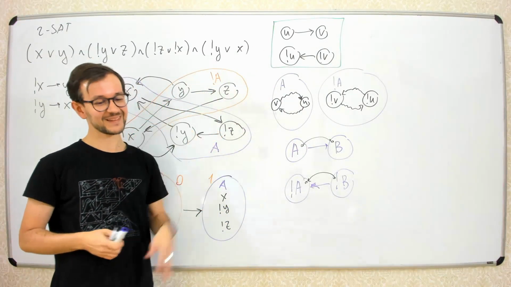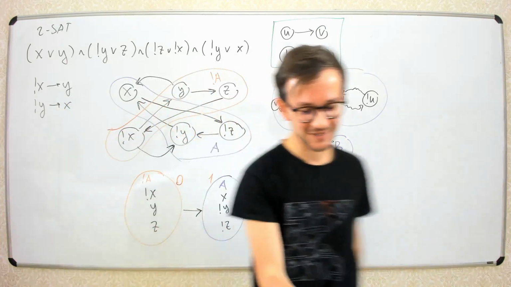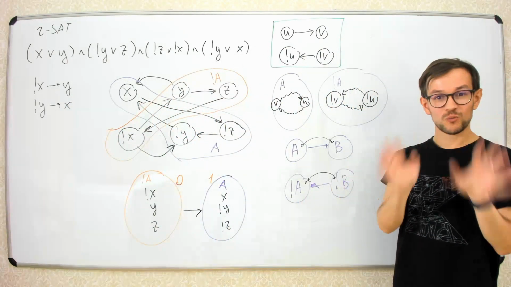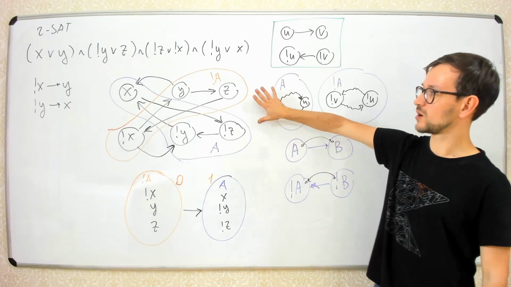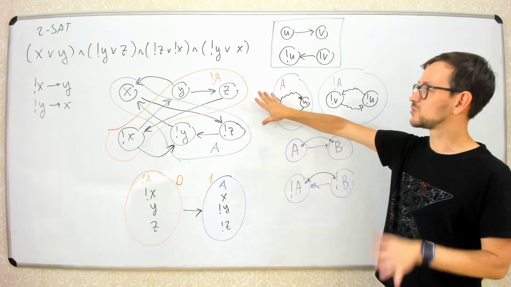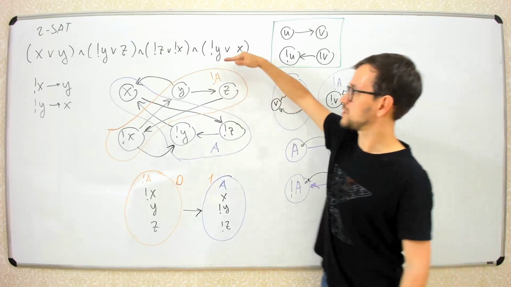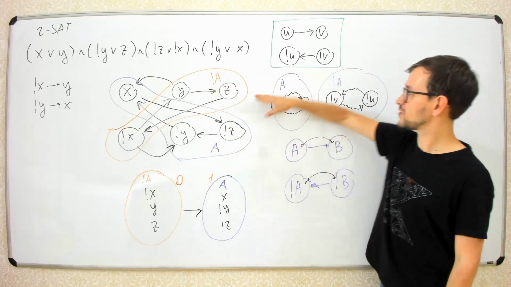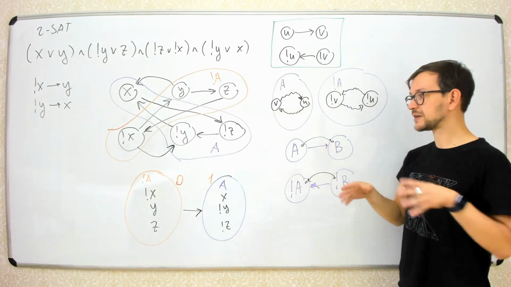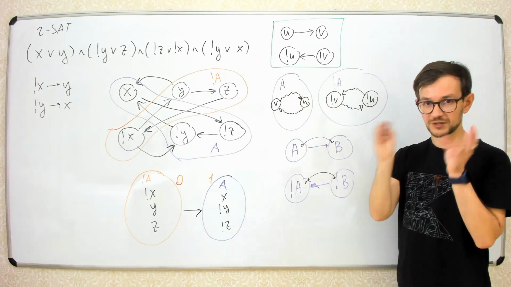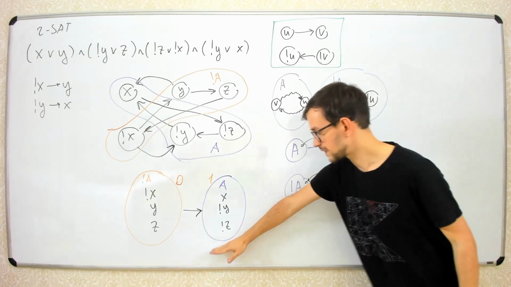Okay, let's stop here for a second. What happened? I had this graph. This graph was a very specific graph. It was constructed from this formula. It has a very specific property like this, because it's constructed from this formula. I made a condensation of this graph here.